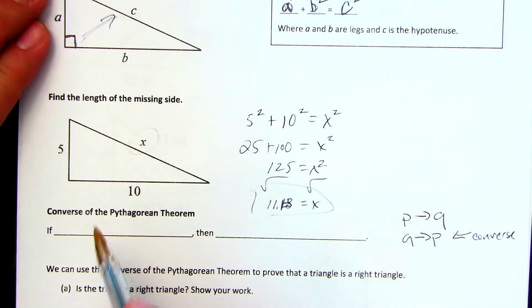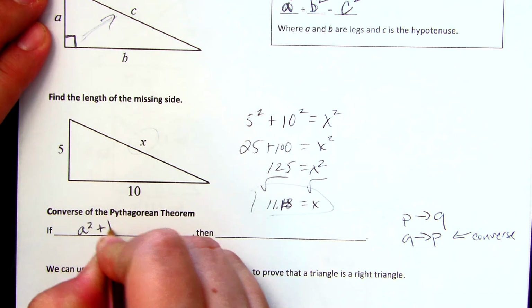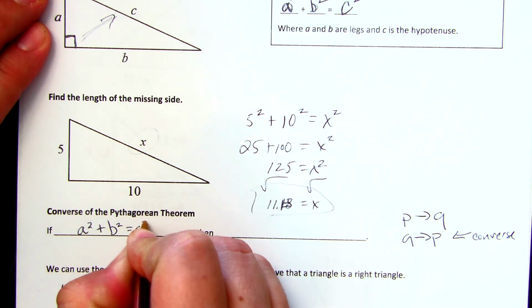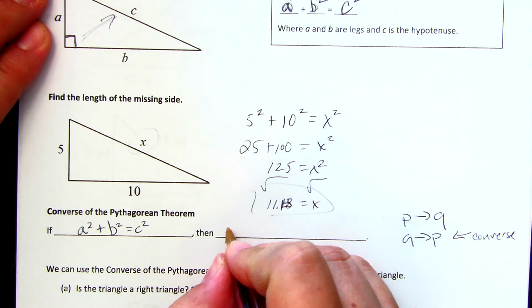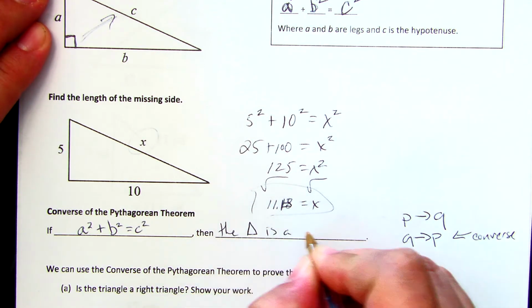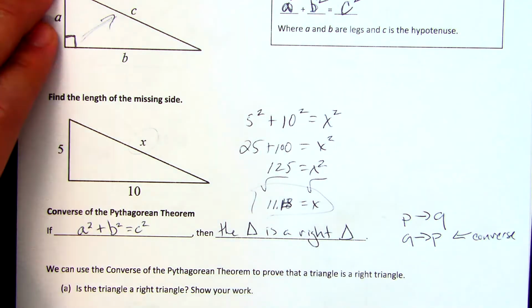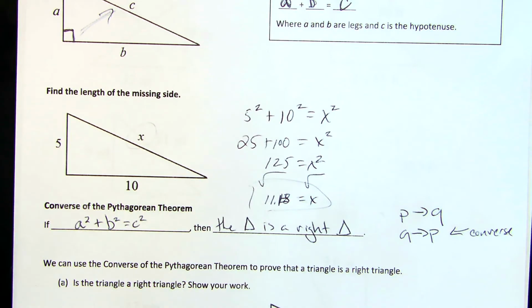The converse is just flip it around: if a squared plus b squared equals c squared, then the triangle is a right triangle. I'm just drawing triangles because the word takes too long to write.